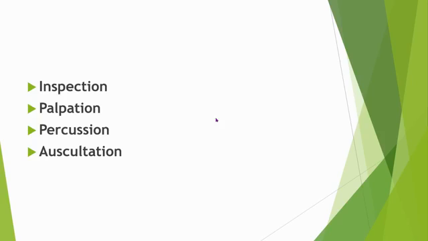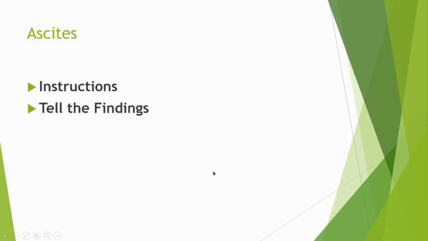Or your examiner may instruct you to palpate the abdomen or percuss the abdomen. You should do to the point what the examiner wants. But if the instruction is to examine the case, then you should do inspection, palpation, percussion, auscultation, all. And then you should tell the findings.